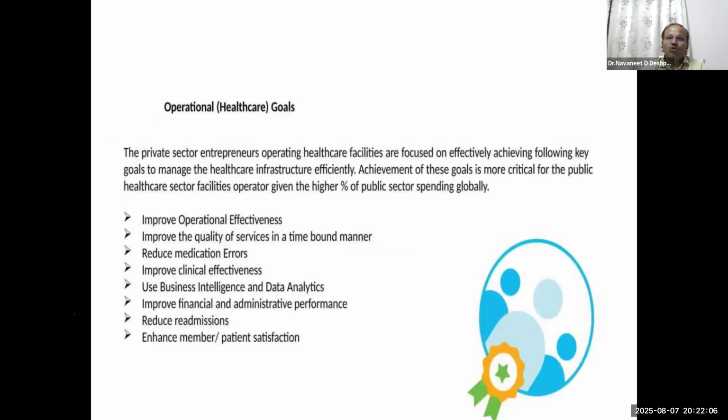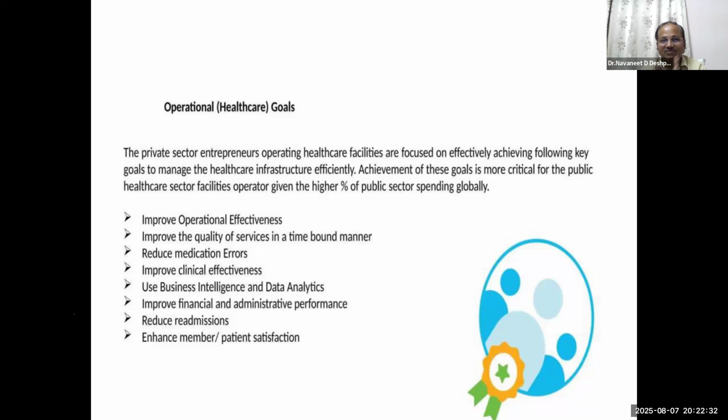Then the goals. When we say goals, we already know from what we have discussed so far: the private sector hospitals, on which all of us in India focus, unlike the Western countries, which still rely on the governmental sector for taking care of health. Private sector entrepreneurs operating healthcare facilities are focused on effectively achieving the following key goals: to manage the healthcare infrastructure efficiently.